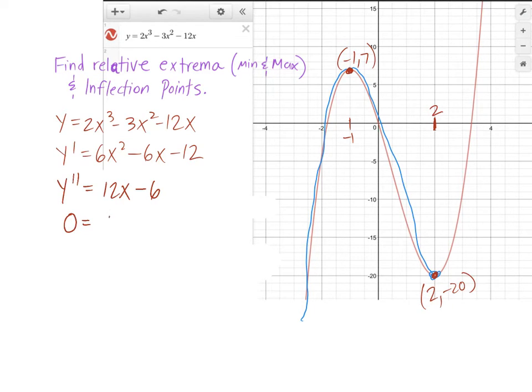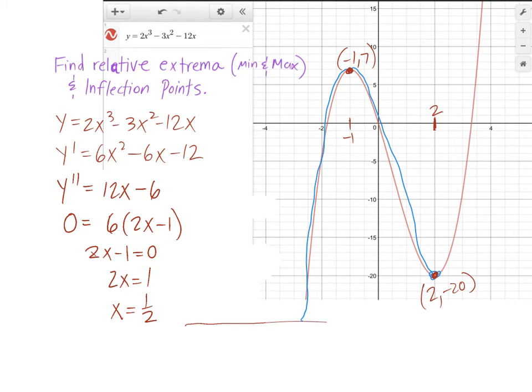I can also factor out a 6 and be left with 2x minus 1. If I set that equal to 0, then 2x equals 1, and x equals 1/2. So at 1/2, that's the only possibility I have for a change in concavity.